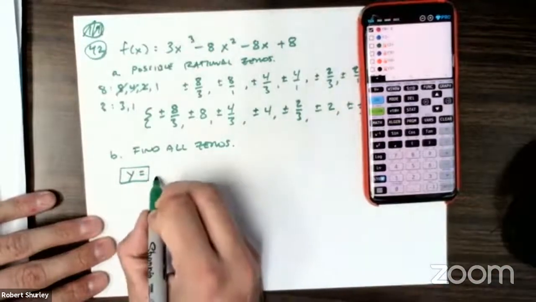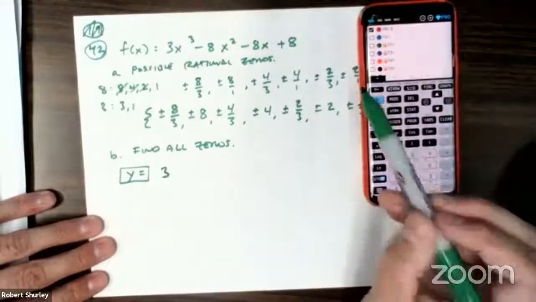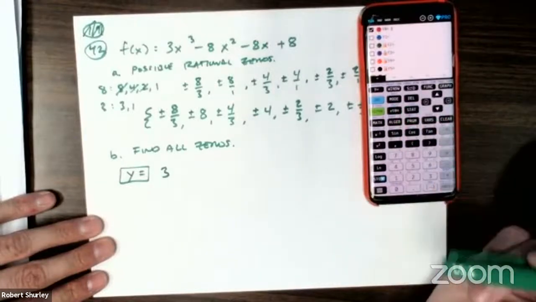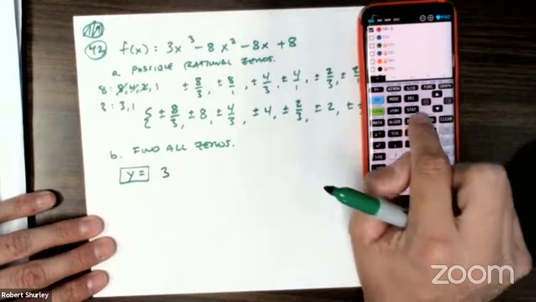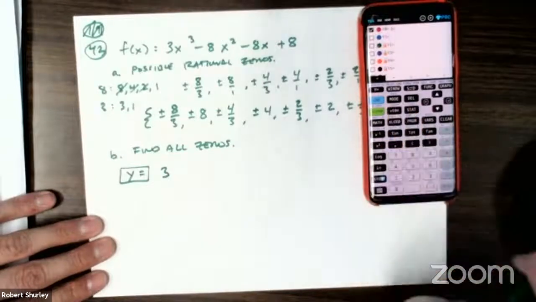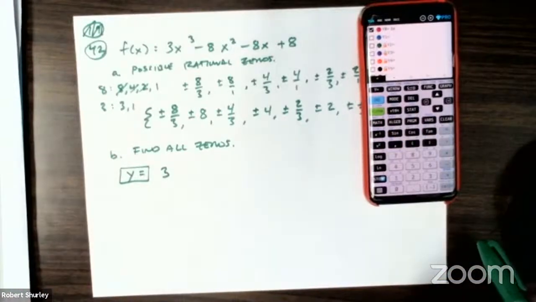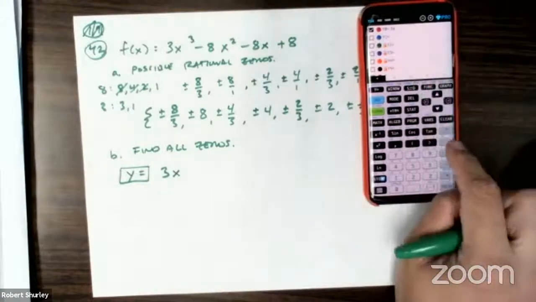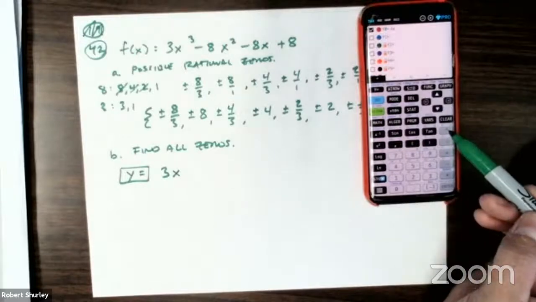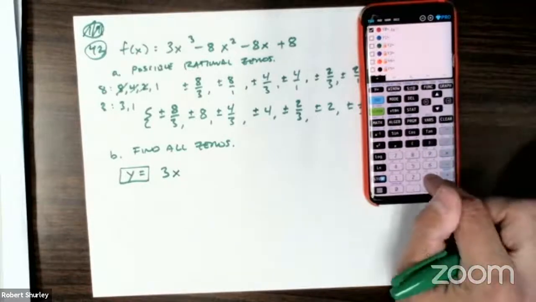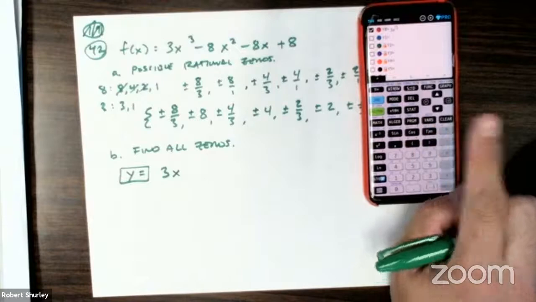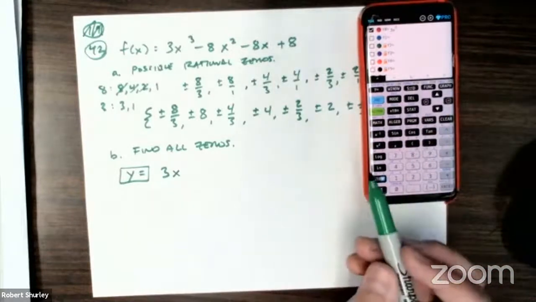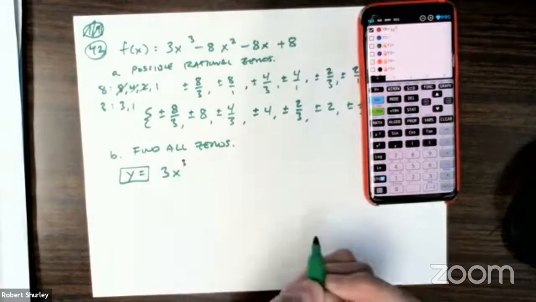To get the x value, you need to hit, on yours, it's x, comma, t, comma, theta, comma, n. It's the button right under mode. That button right under mode should pop up x. And then to cube it, you hit the caret key, which is right under clear. And then hit 3. Now make sure you're out of the exponent. So hit to the right one and it'll come back down. And you should have 3x cubed in your calculator.